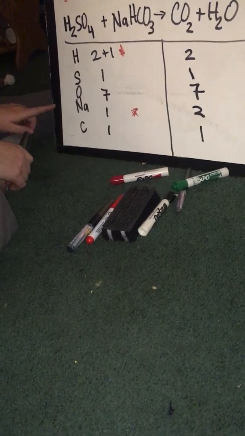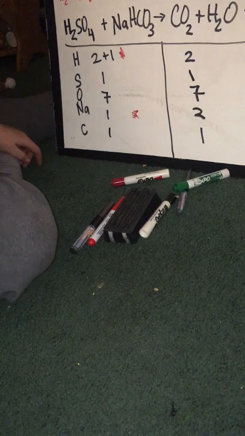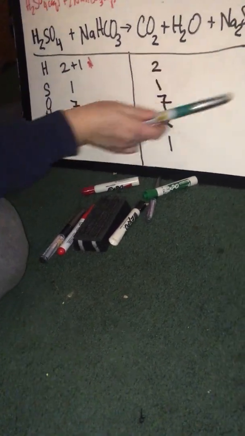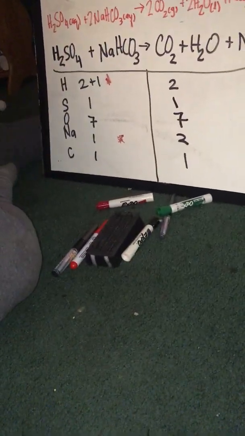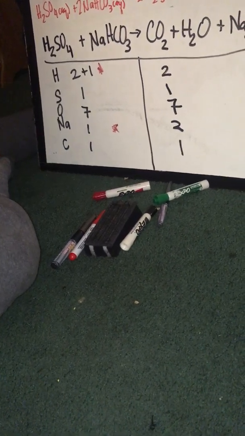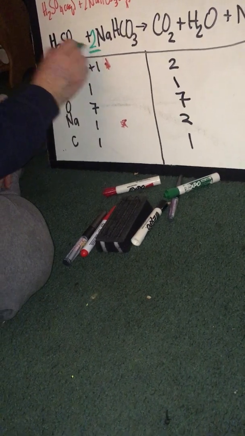So what I'm going to start with is the sodium. It's the easiest one to change. Now the sodium, there's 2 of them in this compound right here, but over here there's only 1. So what I'm going to do is put a coefficient in front of the formula. So I'm going to put a 2 in front here.